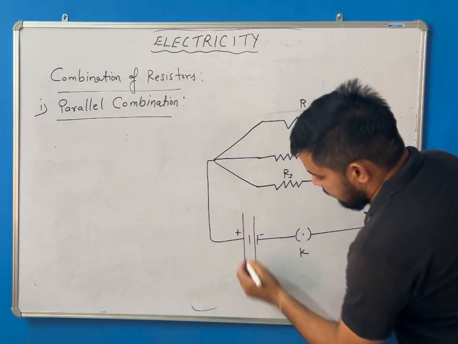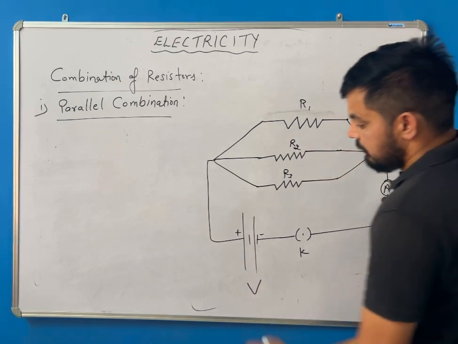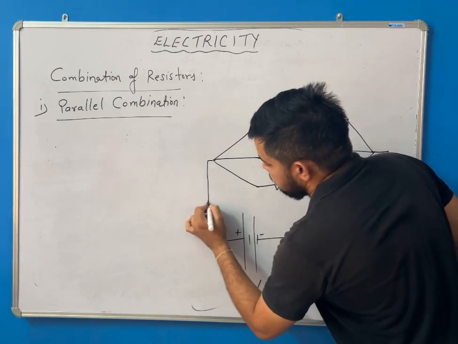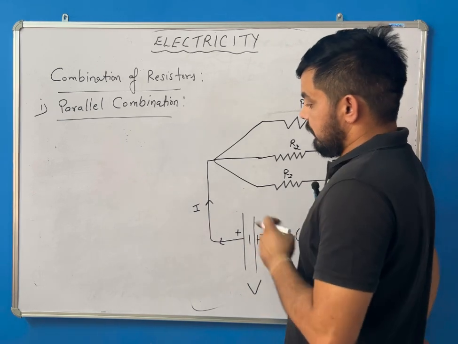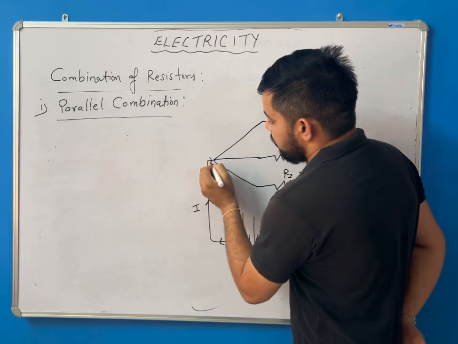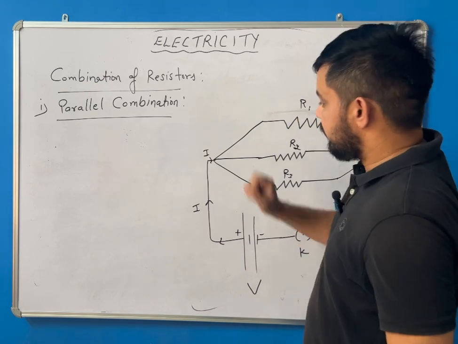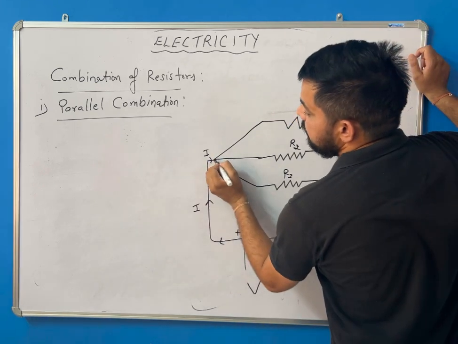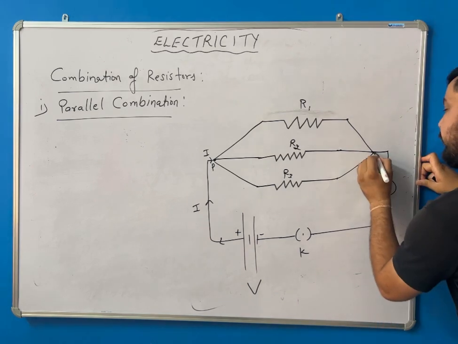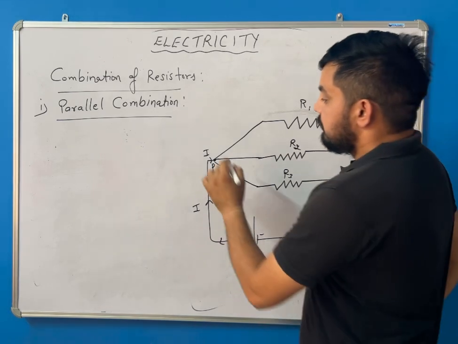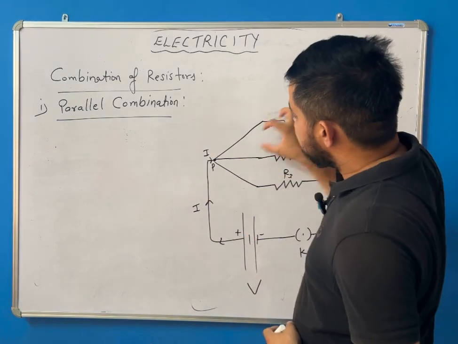Now the battery has potential difference V and electric current I is flowing. You will see that current I is flowing through this circuit, but when I reaches point P, this I will be divided in three ways.